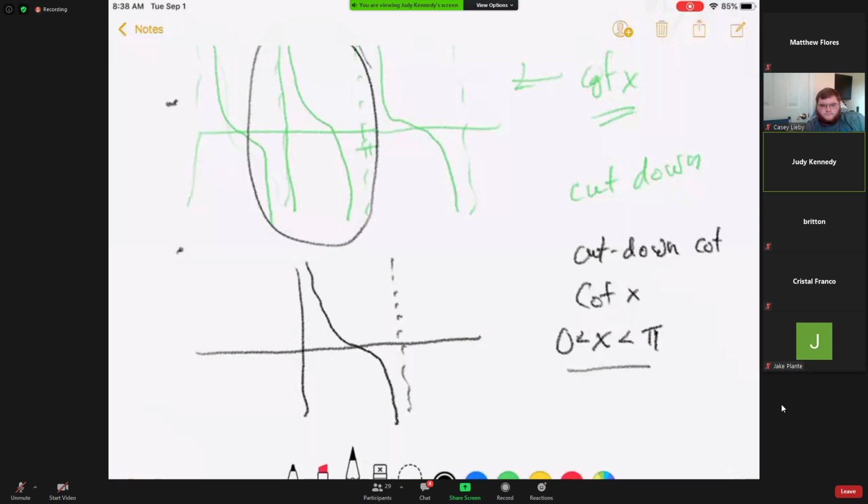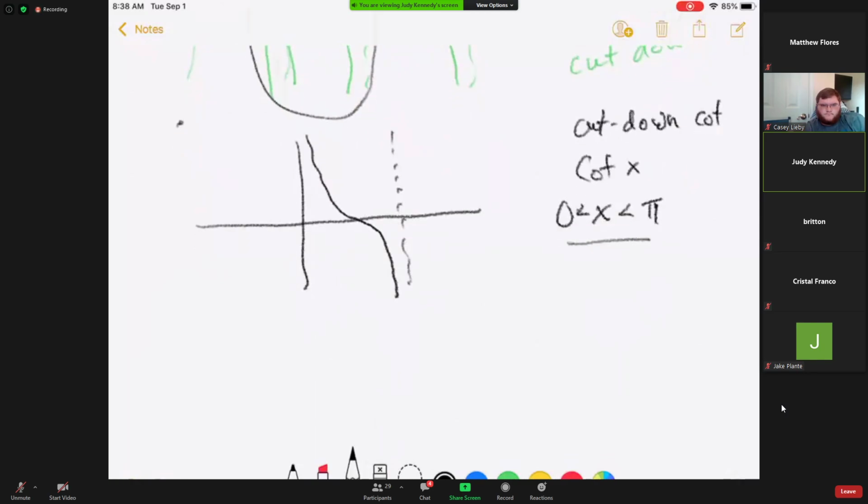Now it's 1-to-1, and we can talk about the arc cotangent by flipping ordered pairs. Let's see, this is pi over 2. And so what would that look like?